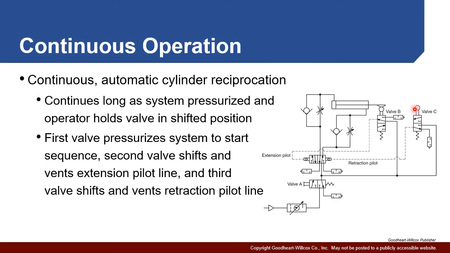Eventually, this cam surface hits valve C when it gets to full extension. This pushes this down, sends pressure over here. This is the retraction pilot, right? And that slides the valve back over and starts the whole process all over again. So essentially, this will keep extending fully and retracting fully until valve A is released. And at that point, the device will stop.